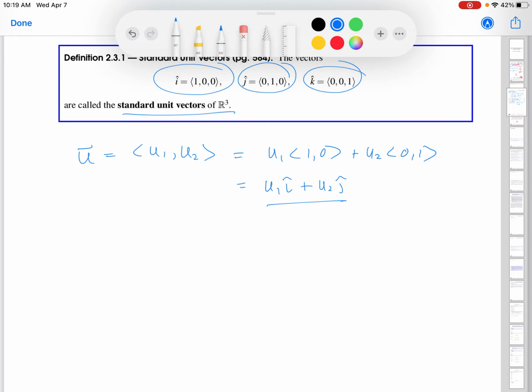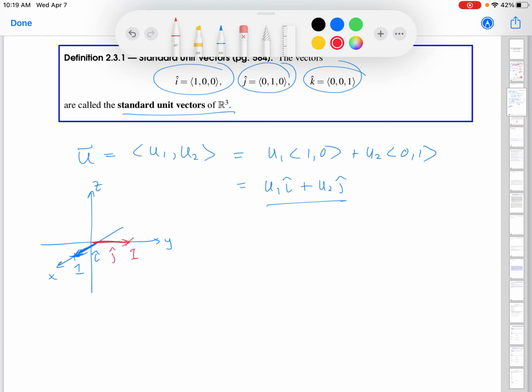So if I go to R3 now and try to plot my unit vectors, let's see what they look like. Well, I have i hat, which is the vector that just goes 1 unit in the x direction. And then I have j hat, which is the vector that just goes 1 unit in the y direction.